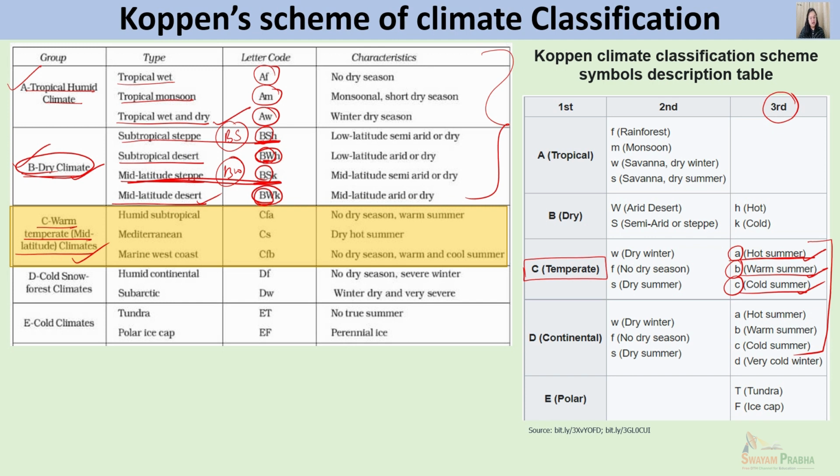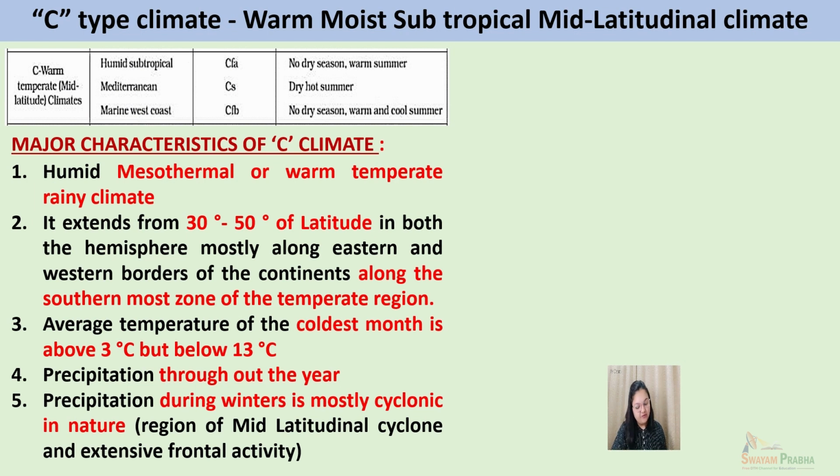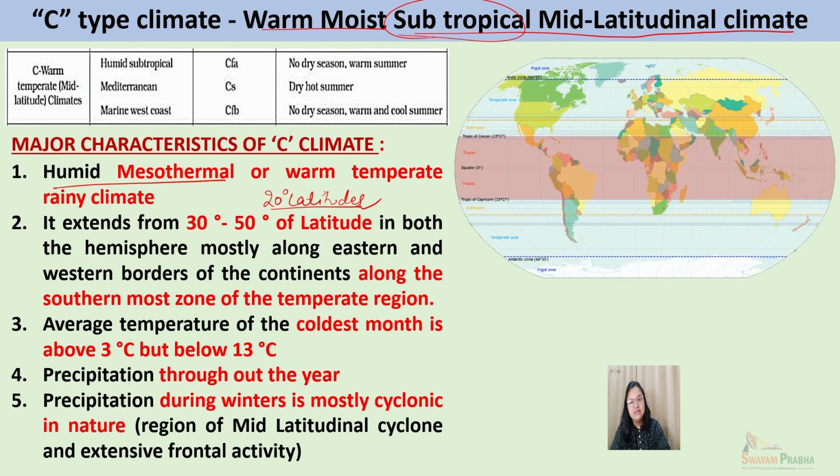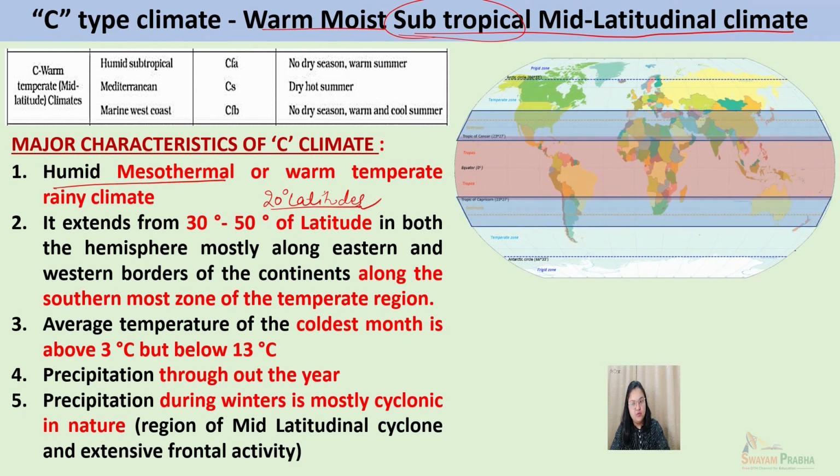So let's see now what are the characteristics of C type of climate. Now C type of climate represents humid mesothermal climate or warm moist subtropical mid-latitudinal climate. So as you know that subtropical region extends beyond 20-degree latitudes in both the hemispheres. So this type of climate is predominant in the subtropical regions of the world.